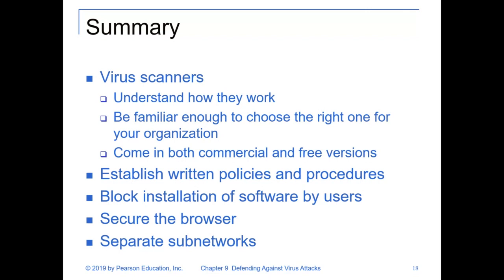If a user does not need permission to install software, you need to make sure that you block that installation of software. Secure your browsers, and also make sure that you segregate your networks. You separate subnetworks so that you can easily isolate an attack in one subnetwork. And keep in mind, as we talked about policies and procedures, we will be covering this more in Chapter 11.